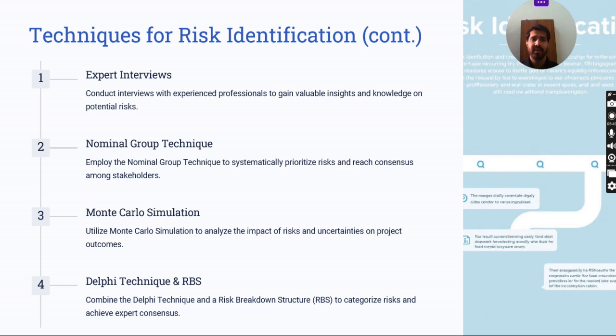In this technique, participants write down the potential risks which are coming, every individual writes by themselves, and then they share collectively and discuss the ideas, and then they vote on which risk is more prominent, or more likely to happen.